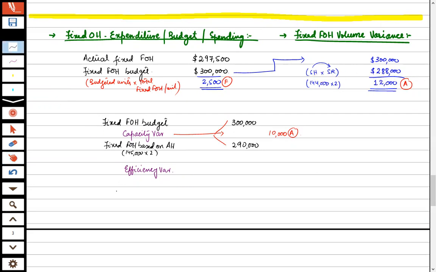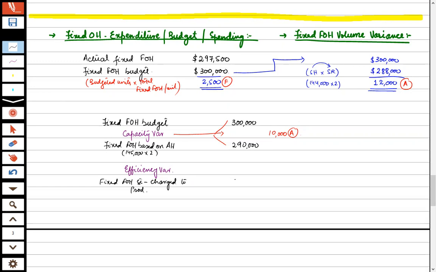So I will write it as fixed FOH standard charged to production. You may get some MCQs like that, with subparts: calculate fixed FOH standard charged to production. So you should know how to calculate it. That is standard hours allowed into standard rate.